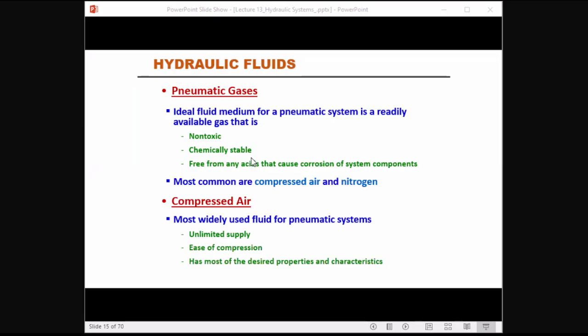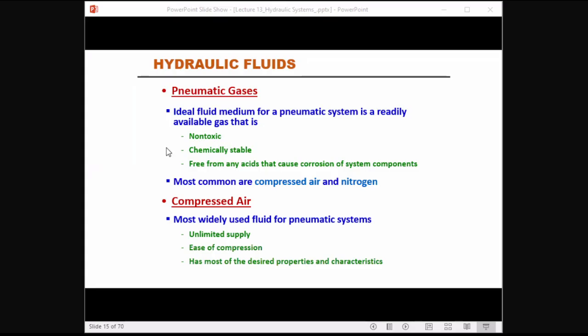Okay, then here you can see the ideal fluid medium for a pneumatic system is a readily available gas that is non-toxic. Non-toxic means the gas used should be safe for operators and not pose any health risk. Okay, it does not affect the environment and our body.